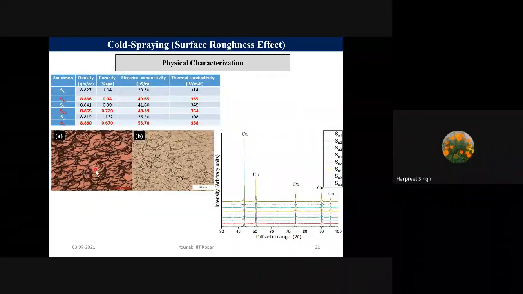Usually in cold spray you will see this kind of typical microstructure, but then these are getting merged and you are getting a more dense, granular structure after heat treatment. And you can see here in all cases the XRD is not showing any kind of oxide, which is something we were looking for, right?